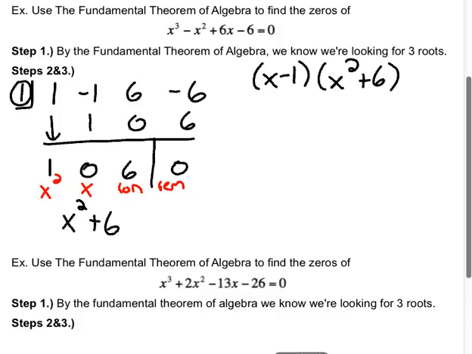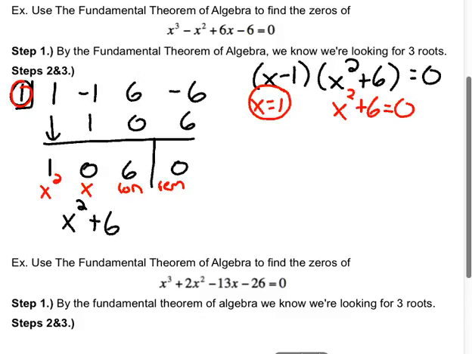The neat thing is synthetic division actually factored this polynomial for me. I can use it as a factoring tool. So obviously, x equals 1 is a solution. We need to figure out that other piece. Now that it's factored, we need to know what makes that other piece equal to 0.